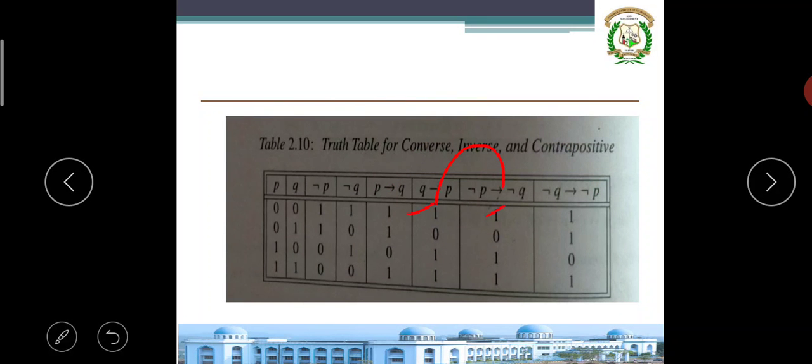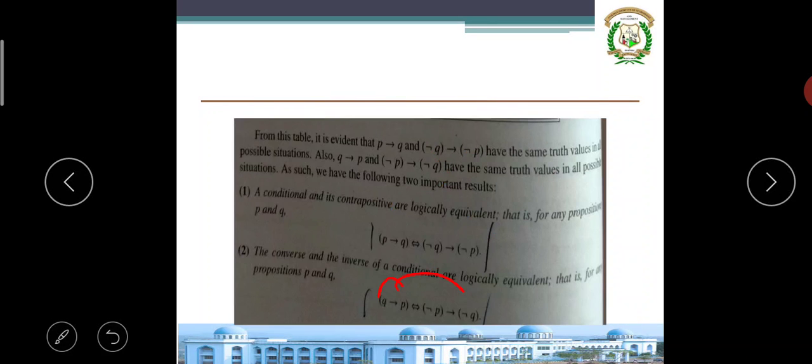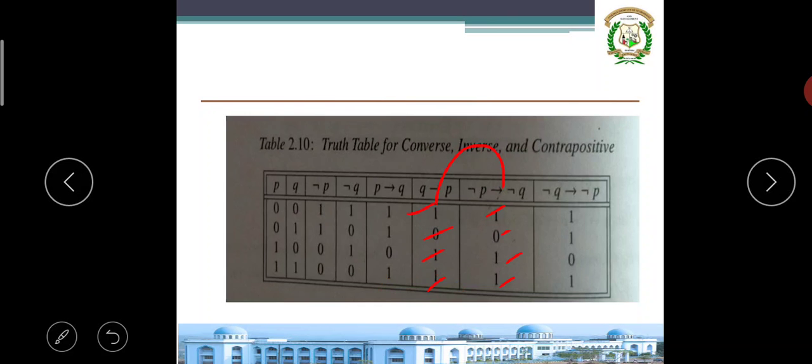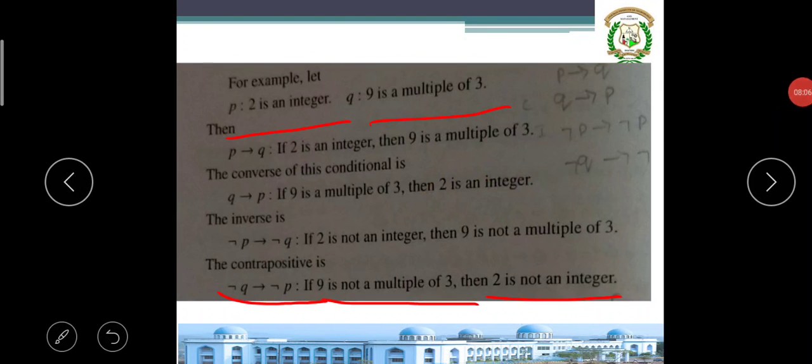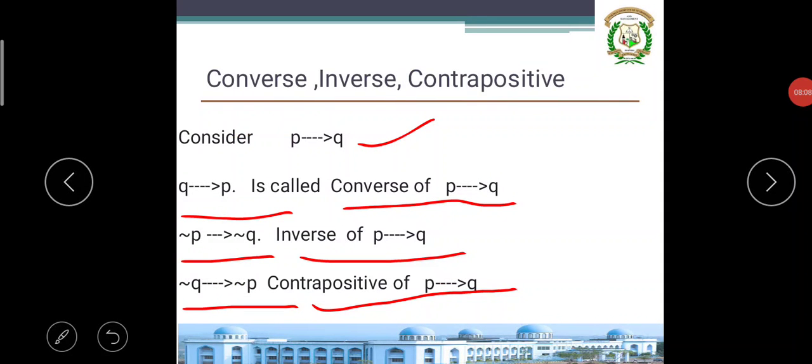This is same, this is same, last one is same, fourth one is same. So no doubt, the converse and inverse are logically equivalent. So in today's class, what have we studied? Today's class we have studied converse, inverse, and contrapositive.